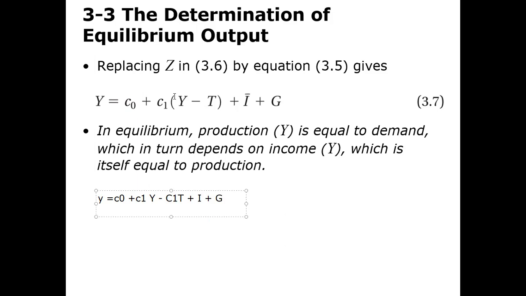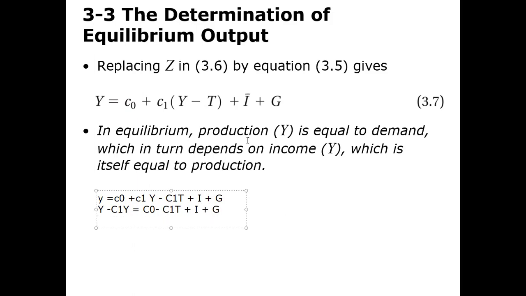So what I'm going to do is the same as the problem that we have just solved. I will put the Y minus C1 Y equal to the rest of the equation: C naught minus C1T plus I plus G. Very nice.